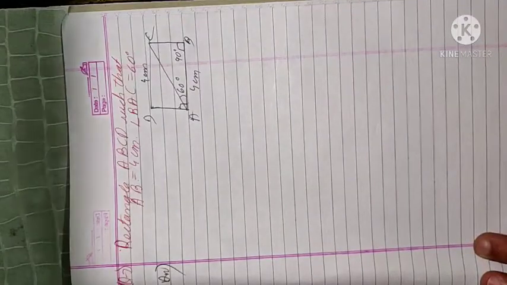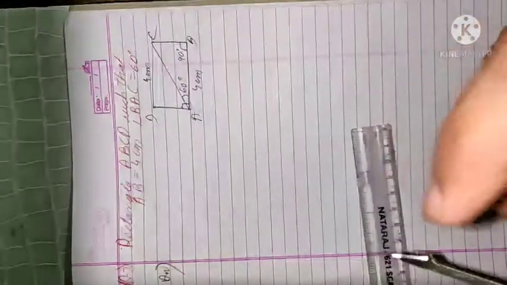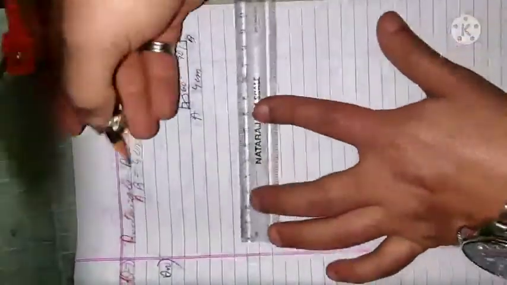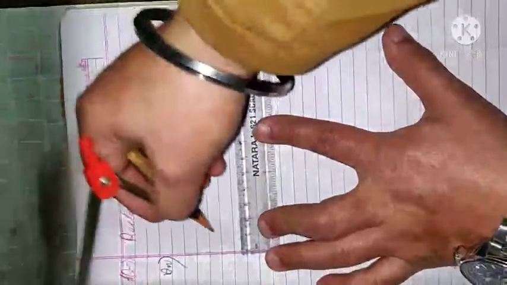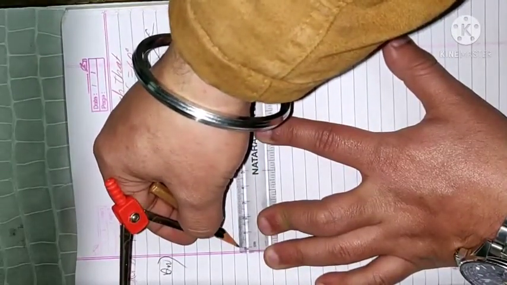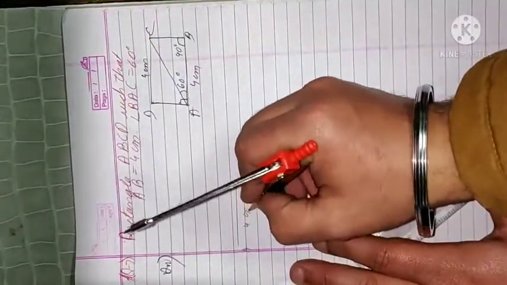Okay. So now we will start with the question. We will construct the base first, that is 4 centimeters AB. This is AB, 4 centimeters.